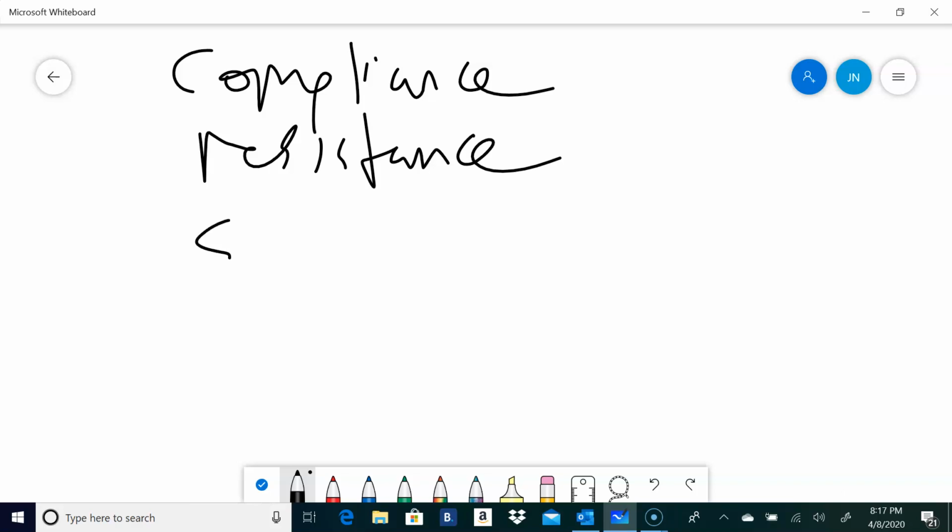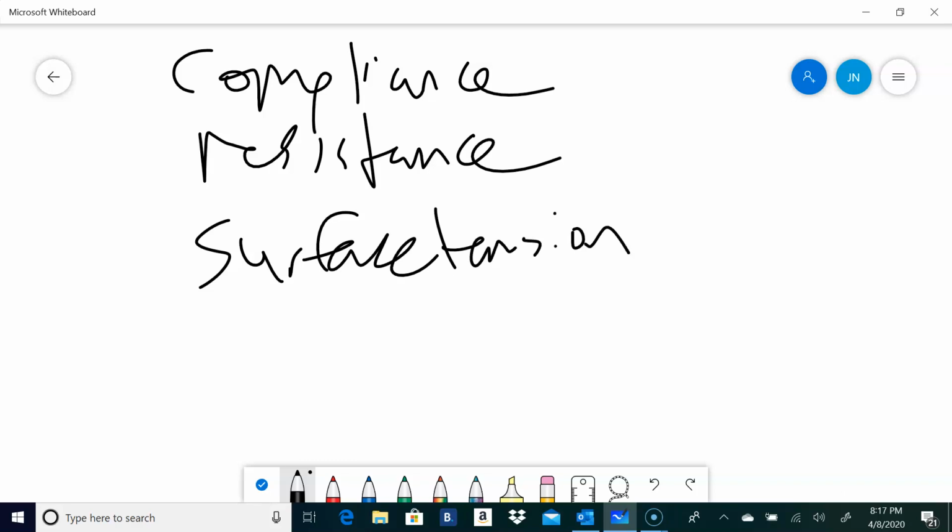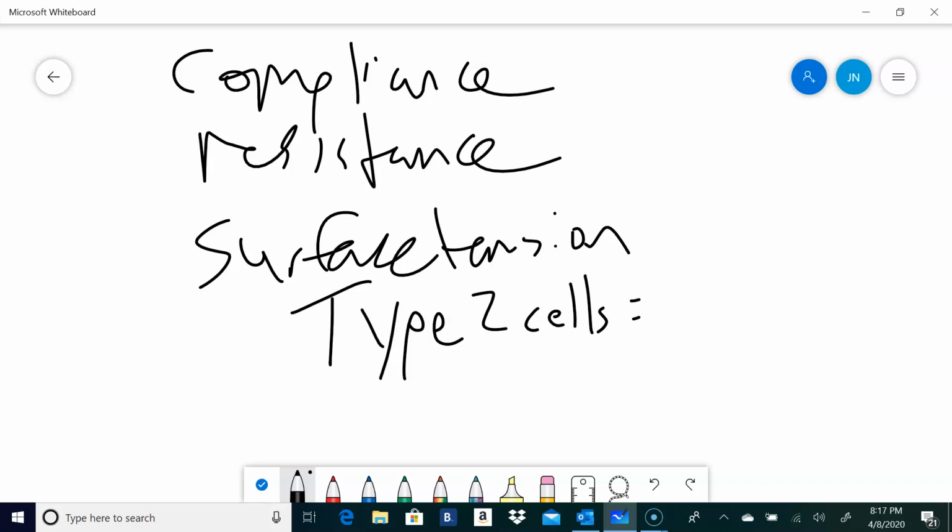The last thing we have here is the surface tension of fluid in the alveoli. Again, this is negligible because of surfactant. Type 2 alveolar cells make surfactant, and that surfactant reduces the surface tension of that alveolar fluid.